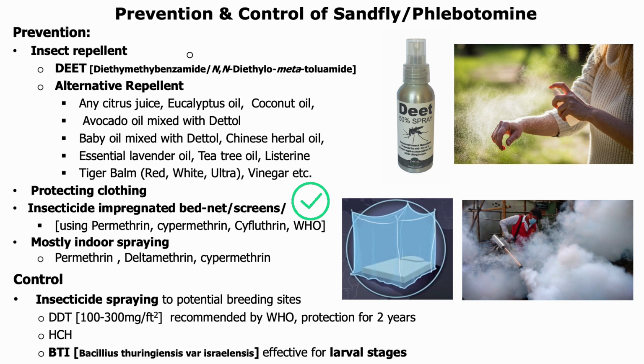Synthetic pyrethroid insecticides including pyrethrin, cypermethrin, etc. are recommended by the World Health Organization for the treatment of bed nets. Indoor spray of natural or synthetic pyrethroid insecticides provides excellent protection indoors during the daily period of sandfly activity.